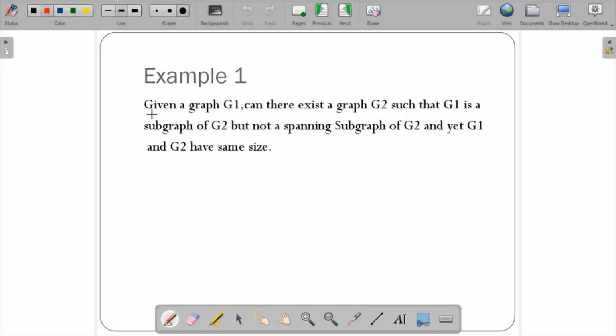So example 1: given a graph G1, can there exist a graph G2 such that G1 is a subgraph of G2, but not a spanning subgraph, and yet G1 and G2 should have the same size?